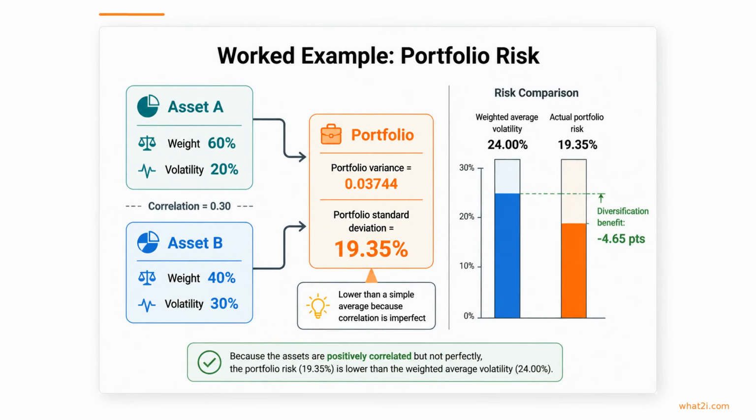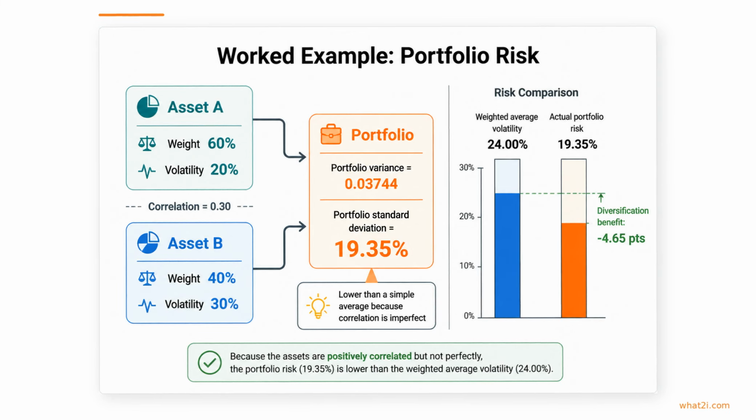A worked example shows why diversification can reduce risk below what a simple average suggests. Suppose asset A is 60% of the portfolio with volatility of 20%, and asset B is 40% with volatility of 30%. If the correlation between them is 0.30, the portfolio variance works out to 0.03744, which gives a standard deviation of about 19.35%.